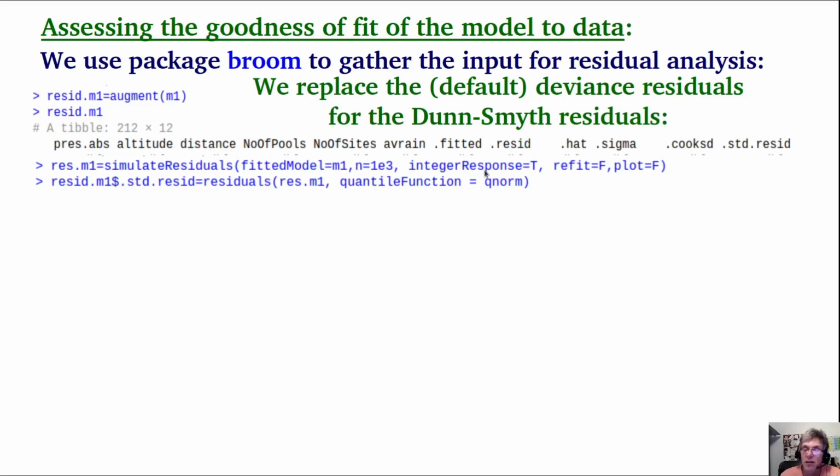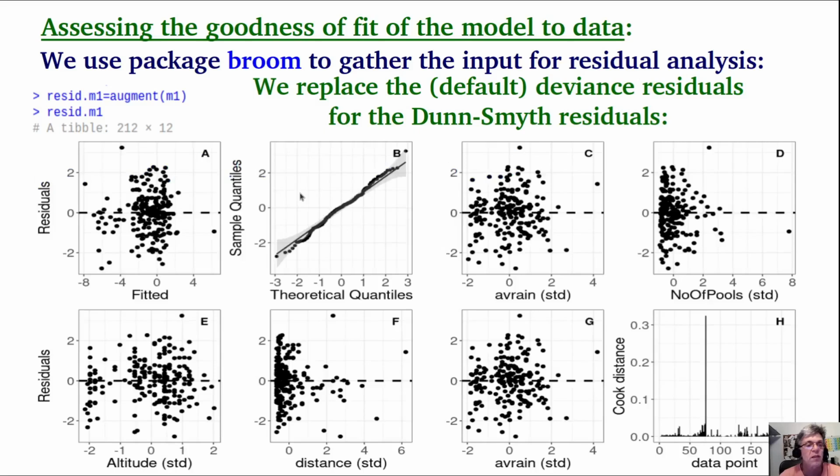This will add a uniform random deviate that will allow us to have a continuous distribution. And here we simply convert these Dunn-Smyth residuals to a normal distribution, and with this we make the following plot.